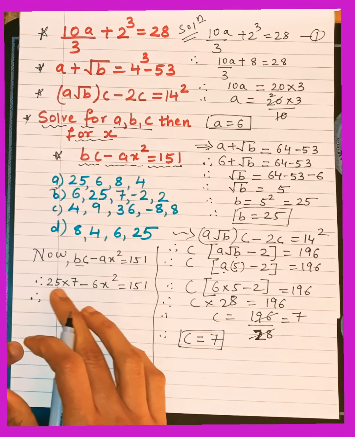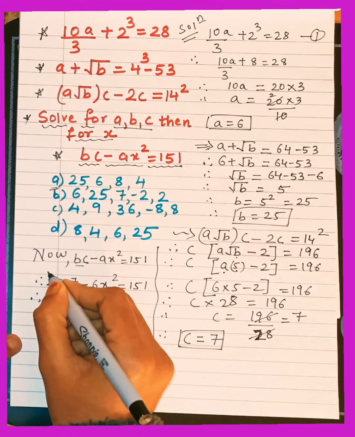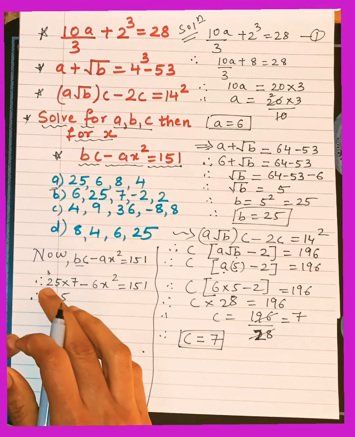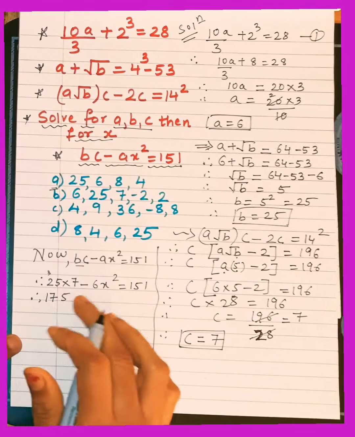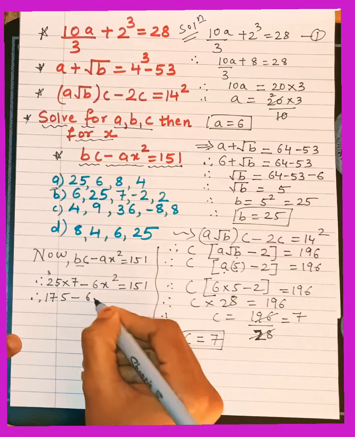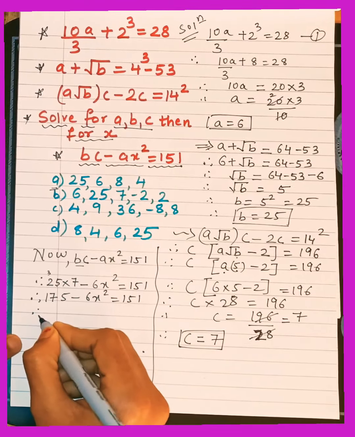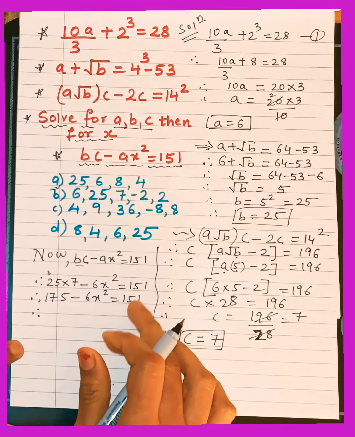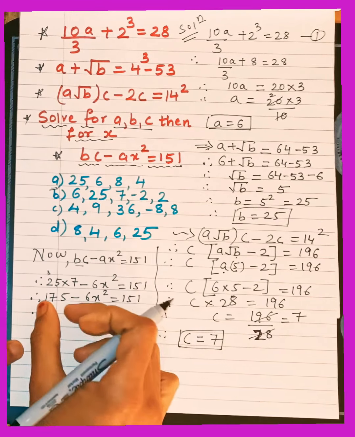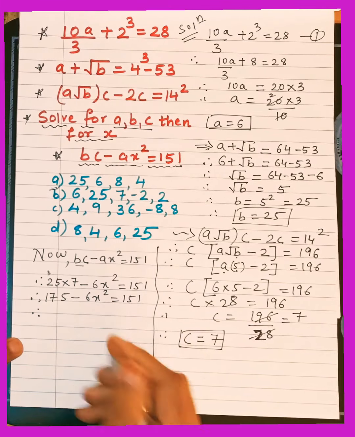If you multiply 25 into 7, 7 5s are 35, so 5 carry 3. 7 2s are 14, 15, 16, 17. So 175. We are getting 175 minus 6x square equal to 151. Now I am taking 175 to that side, because we want to subtract 175 and 151, so we have to keep like terms together.